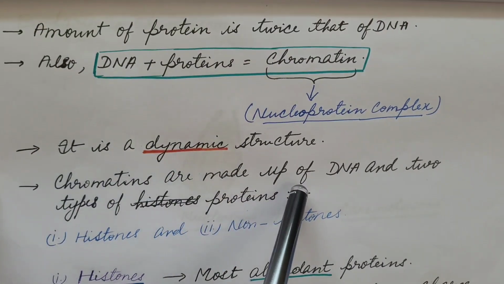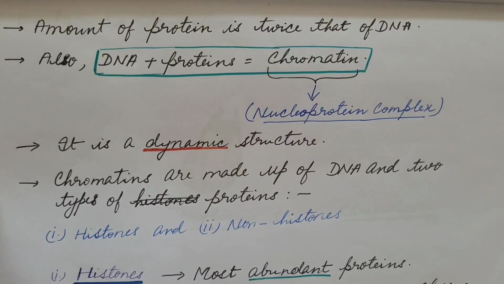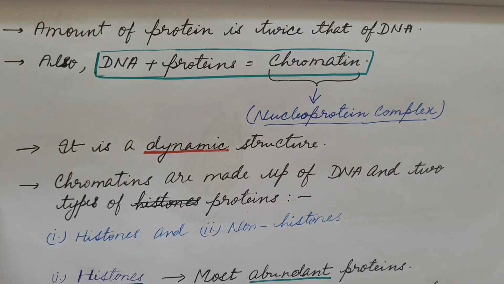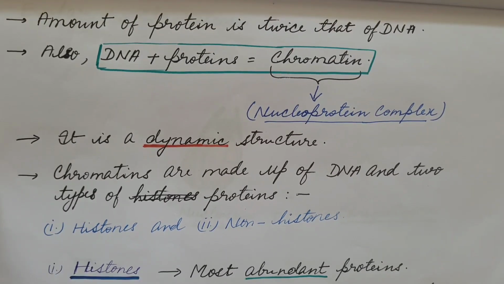It is a dynamic structure. Why dynamic? Because it is capable of changing its shape and structure during the life of a cell. Chromatin is a condensed chromosome at the metaphase stage and it is a very diffuse structure in interphase. So, we can say that it is a dynamic structure.